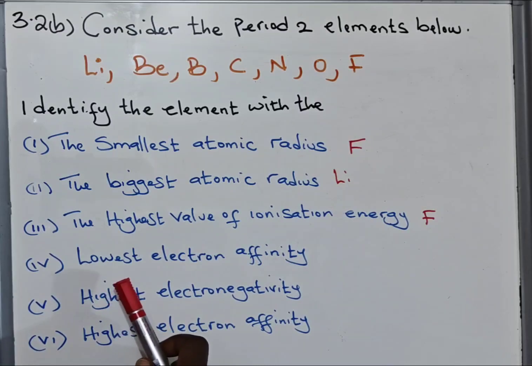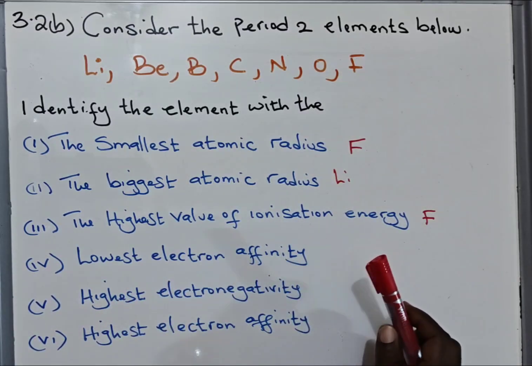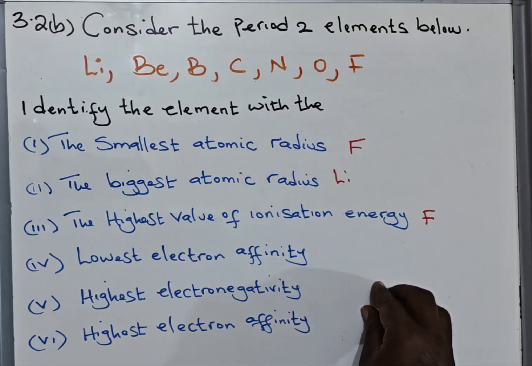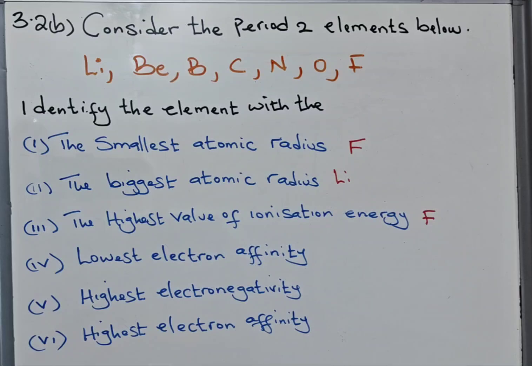Then we come here, lowest electron affinity. You have to know electron affinity as the love for electrons. And we said that the smaller the atom, the more that atom will love electrons, because the attractive force, which is the positive charge, is closer.